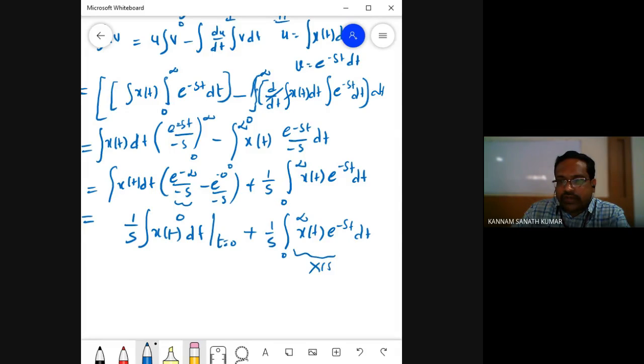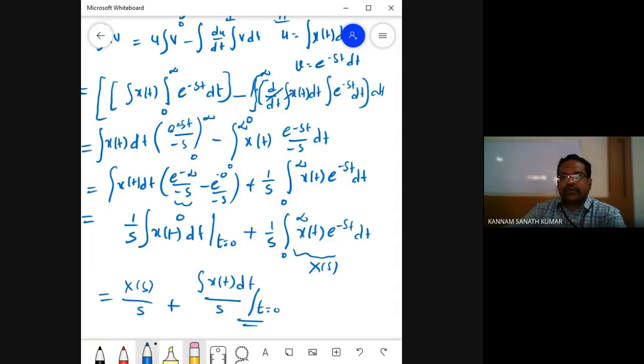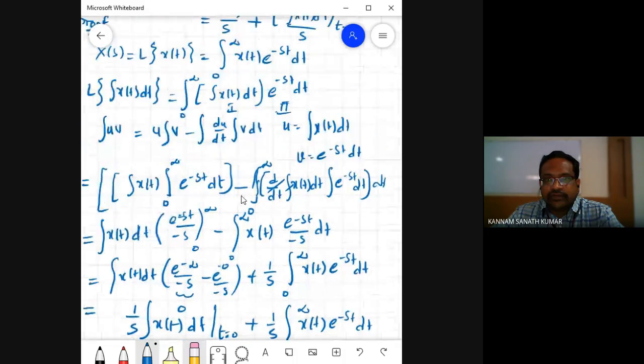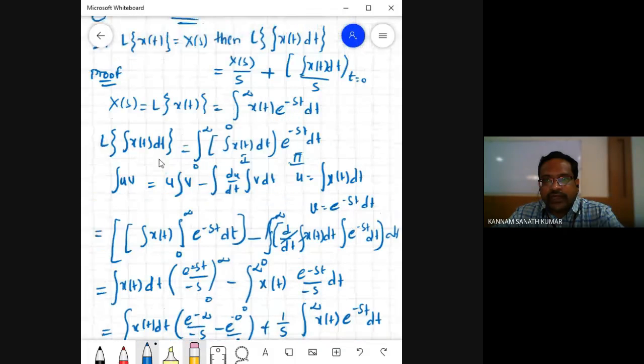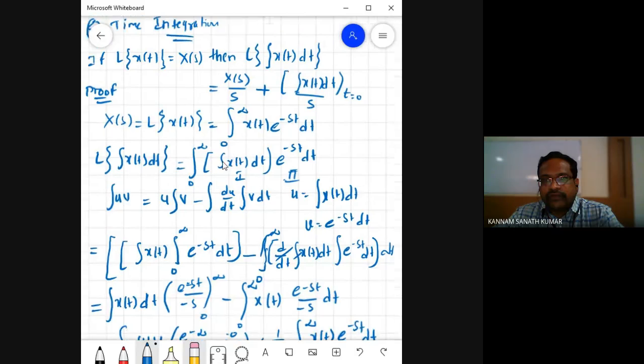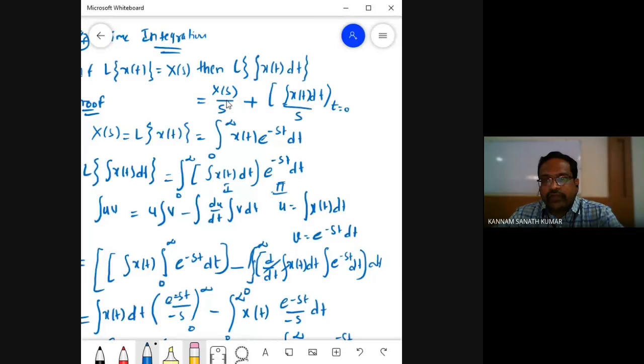So what is this one? This is nothing but x of s. So you can write this as x of s by s plus integration of x of t dt by s at t equal to 0.